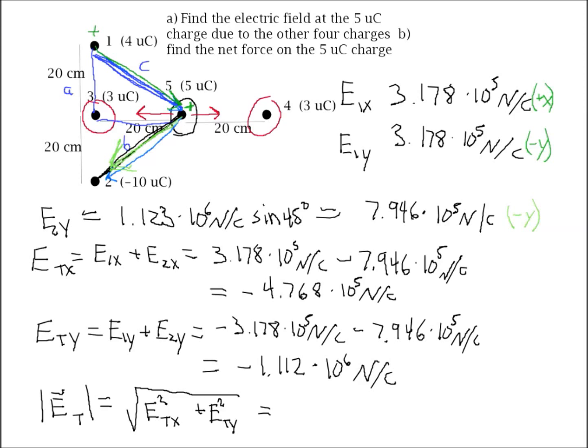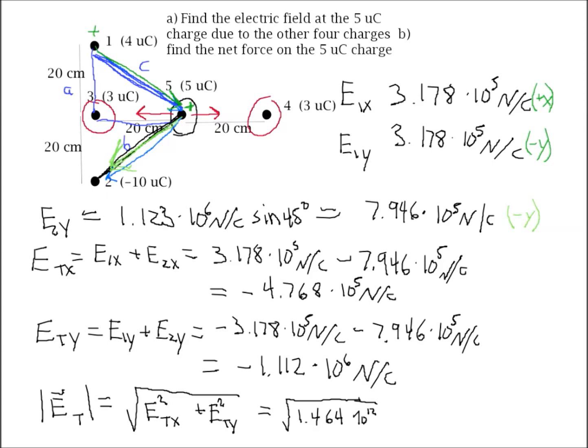When you plug those two numbers in, square them, add them up, you end up with the square root of 1.464 times 10 to the 12.